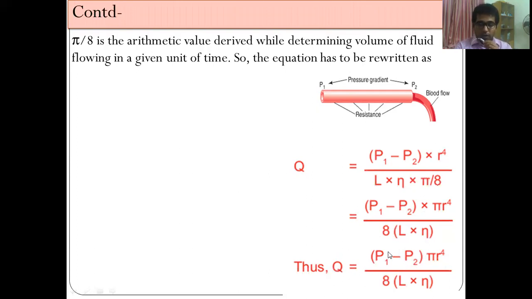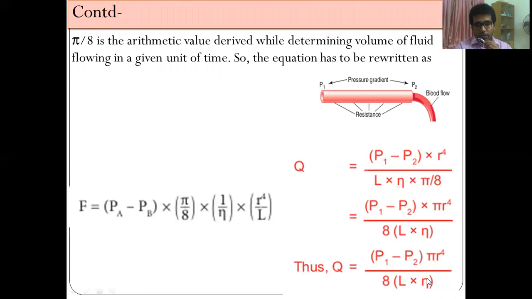So the blood flow is directly proportional to the pressure difference and proportional to the fourth power of radius, but inversely proportional to the length and the viscosity of the blood. So this is the Poiseuille's equation, and we also know the blood flow is equal to del P, or pressure difference, divided by resistance, which is according to Ohm's law.